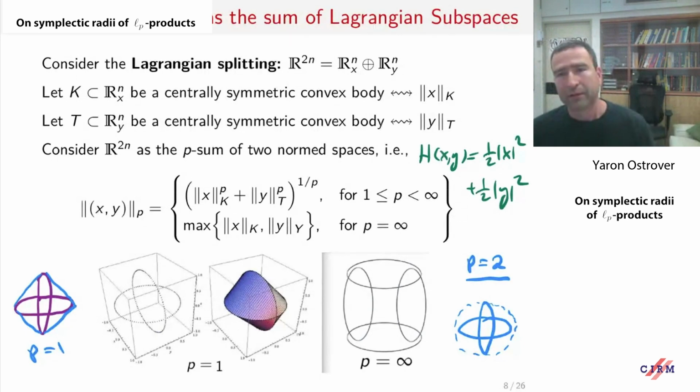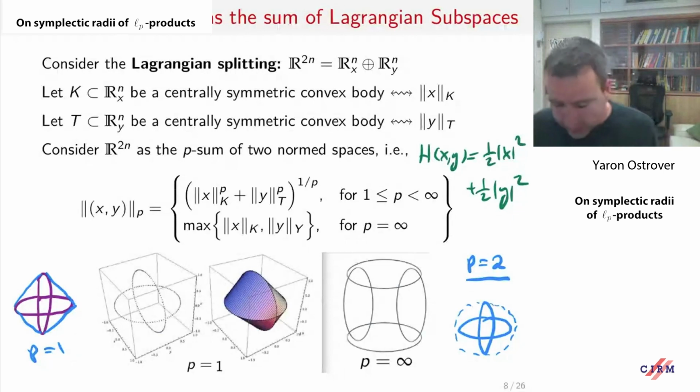So do you mean that you're taking the unit ball with respect to this X-Y p-norm? Yes. In general, I can take any pair of convex bodies in this Lagrangian splitting and look at the p convex combination of these two convex bodies. Okay.